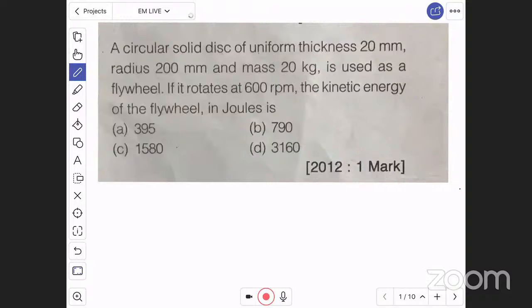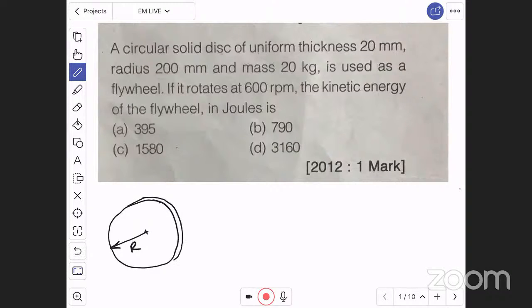The first numerical. This question was asked in GATE 2012 for 1 mark. The question is, a circular solid disc of uniform thickness 20 mm. Circular solid disc. Let's say there is a circular solid disc of radius r and having some thickness t.